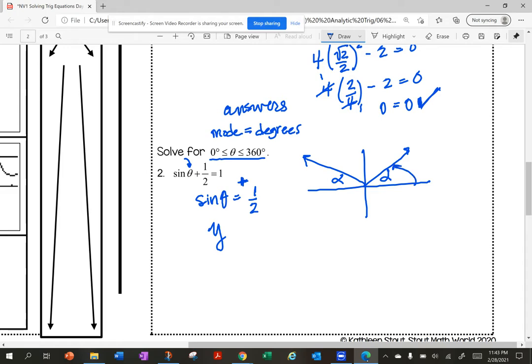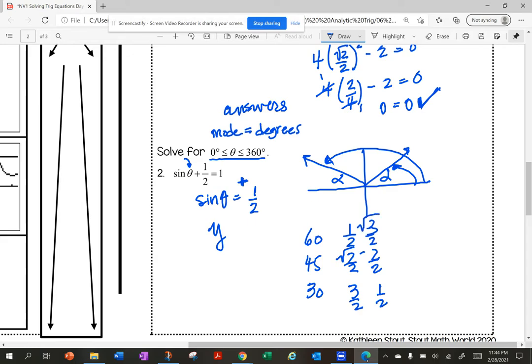And then the 2 angles I want to name are in the positive rotation. So I want to name them this way. Okay, so I know using my unit circle, from 60, 45, and 30, I should have this memorized: 1, 2, 3 over 2, and then I'm going to take the square roots, because the square root of 1 is 1.